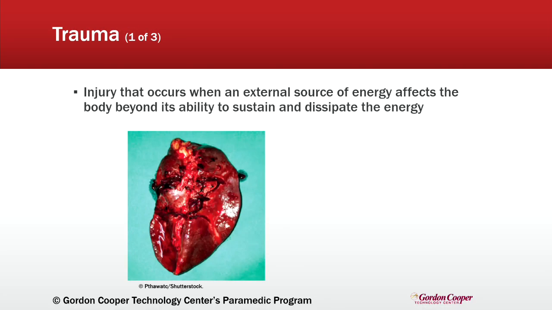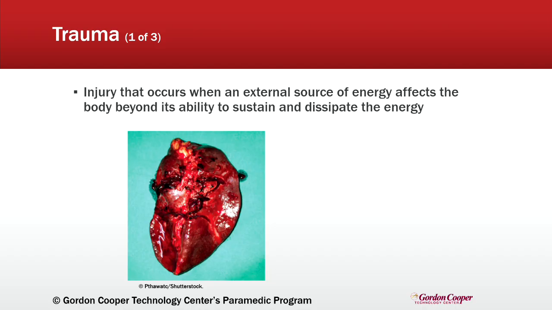So let's define trauma. I think it's important to give it a true definition. Trauma is an acute physiologic and structural change. So it changes whatever part of the body that it comes in contact with: physiologically, how it functions, as well as structurally, how it's made. And this occurs when there's an external source of energy that affects the body beyond its ability to sustain and dissipate that energy.